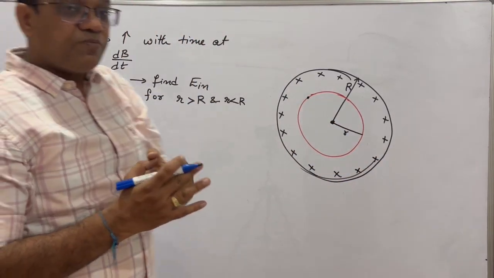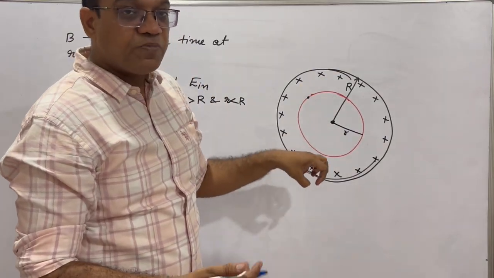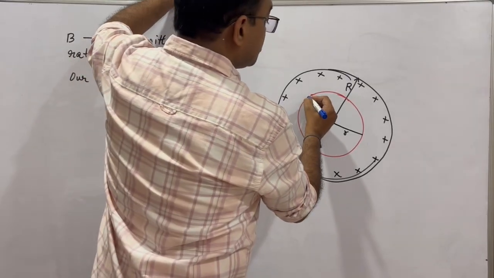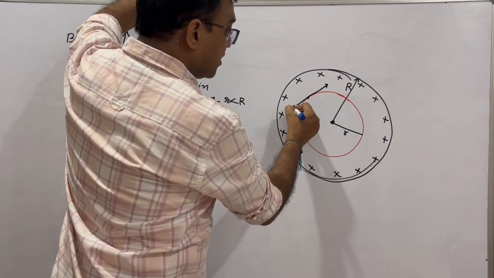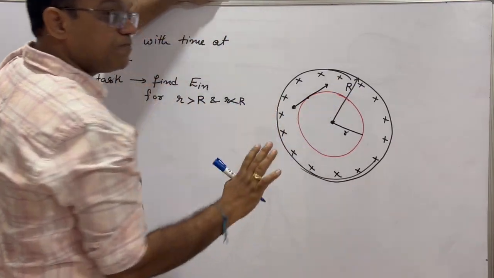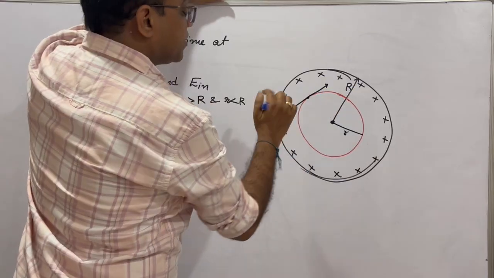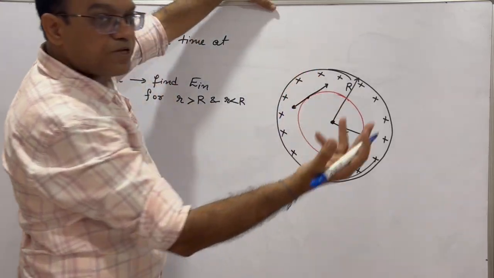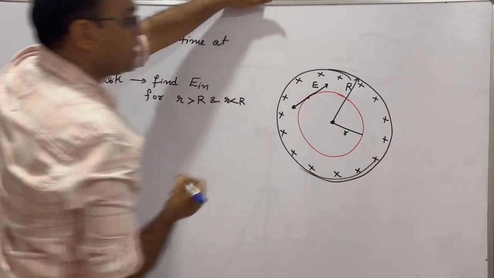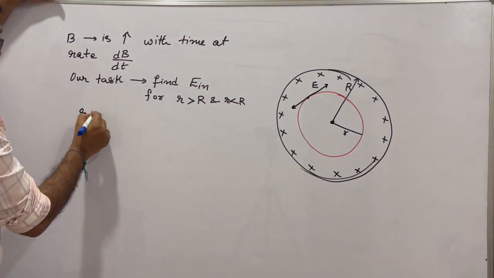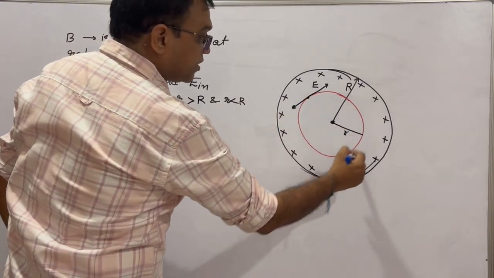Due to the symmetry of this arrangement, we can say the induced electric field will be along the tangent. It can be along this side or this side. We are going to decide which way it will come. Let us say, without mentioning the direction for the time being, the induced electric field is E for r less than R.